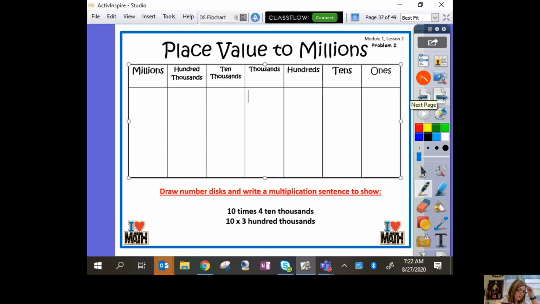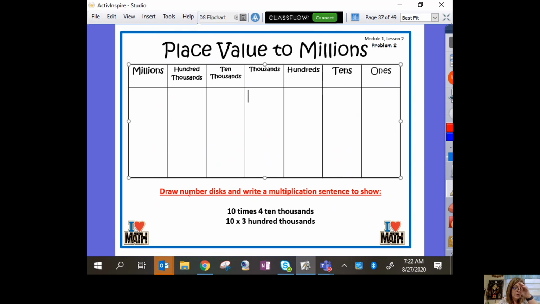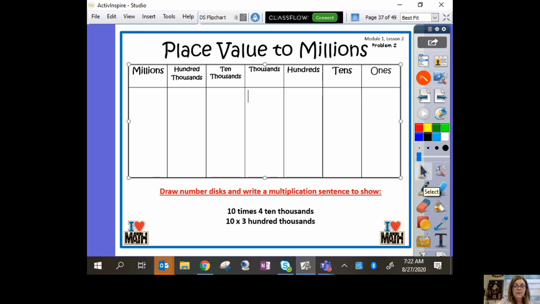Let's look at our next problem. This one says to draw the number of discs and write a multiplication sentence to show 10 times 4 10,000s. So let's draw it out first, and then we're going to write that multiplication sentence. I'm going to start with 4 10,000s.